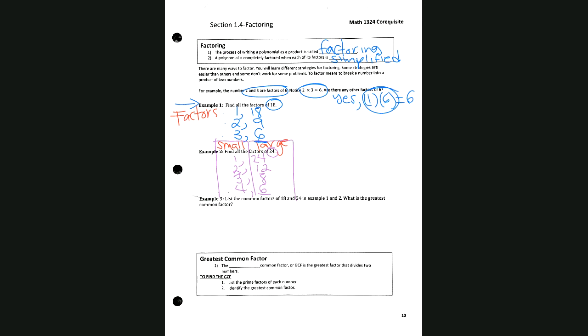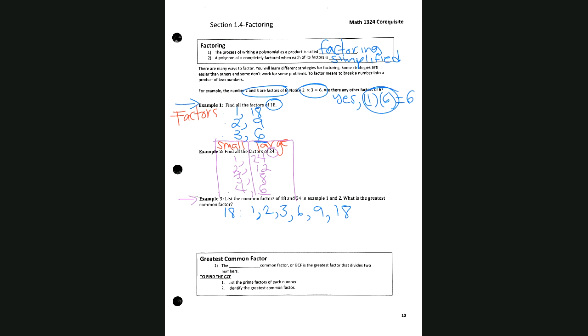So now we're going to use those same two numbers, and we already have all the factors for the number 18 and all the factors for 24. So for example 3, the question is asking us to list the common factors of 18 and 24. So let's do that. For the number 18, just listing the factors: 1, 2, 3, 6, 9, and 18.